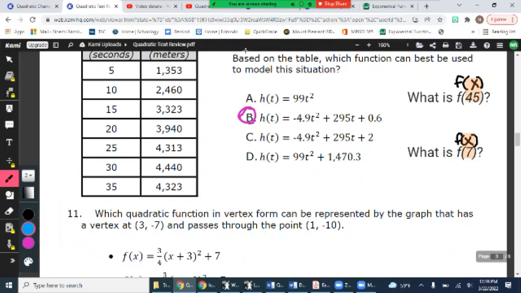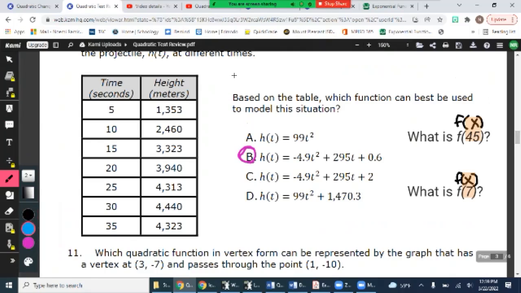So here we go. Notice that the 45 is in the same spot as X. 7 is also in the same spot as X. Yesterday, you were asked in sentence form, if given the time of 23 seconds, what is the height? This is asking the same thing in a different manner. If the X value is 45, what is the Y value?